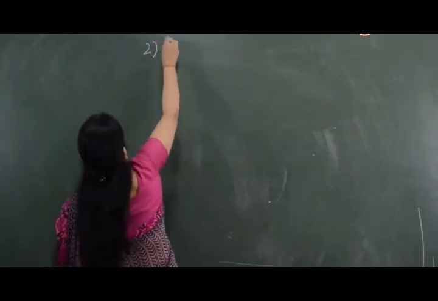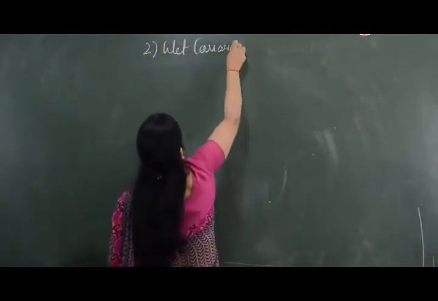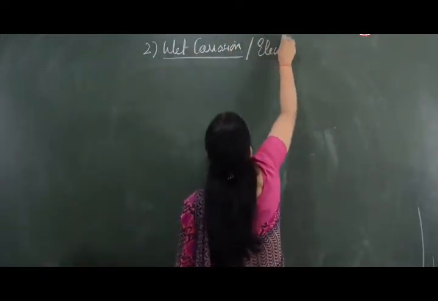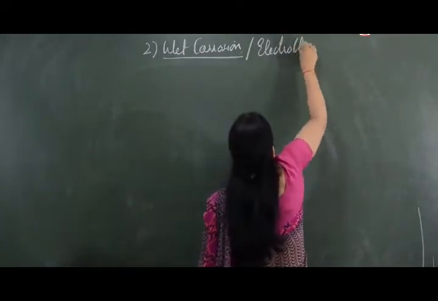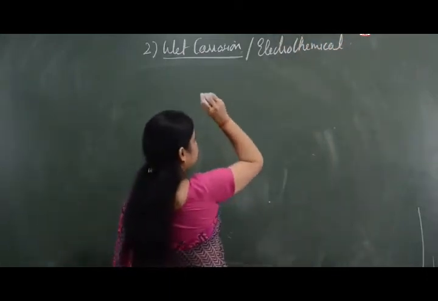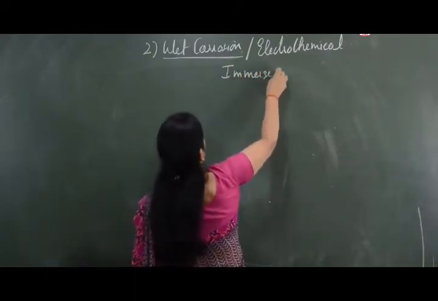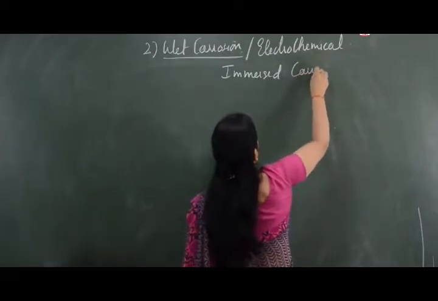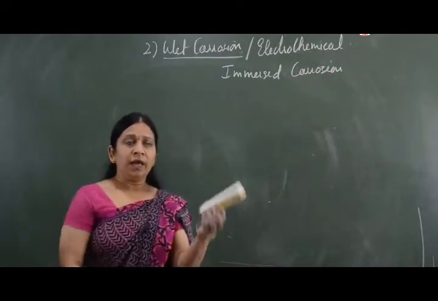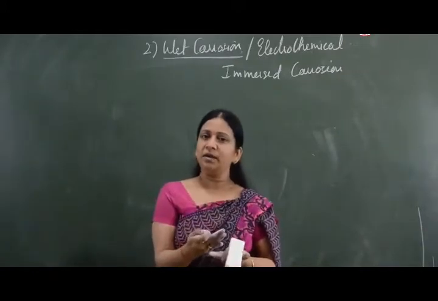Then the second is wet corrosion. It is also known as electrochemical corrosion. There is one more term which is used, immersed corrosion. Here we require an anode, a cathode and an electrolyte.